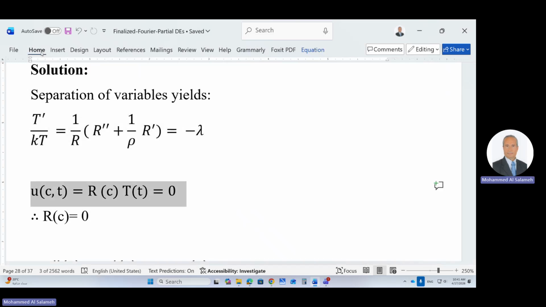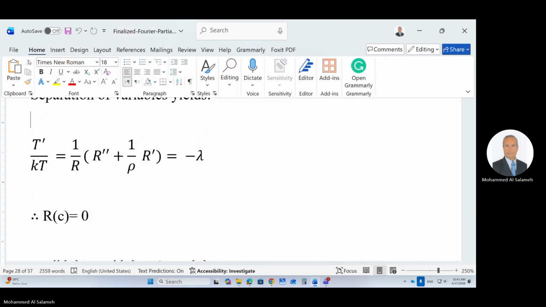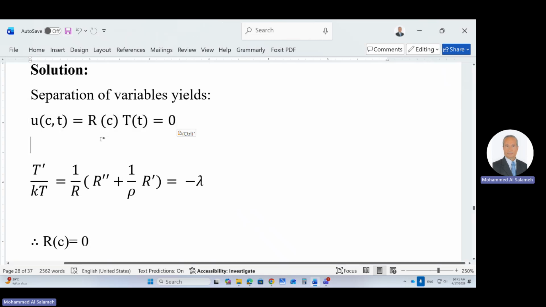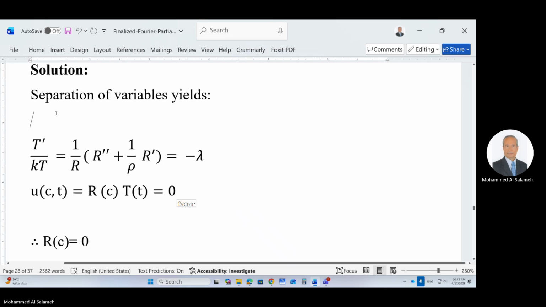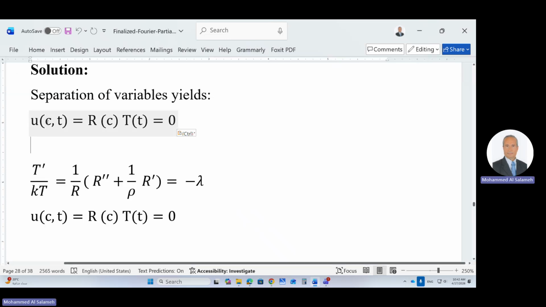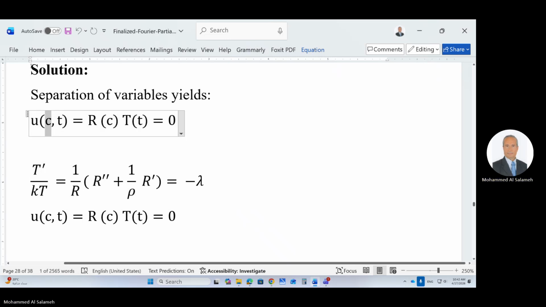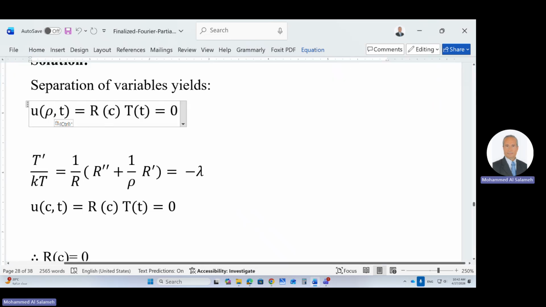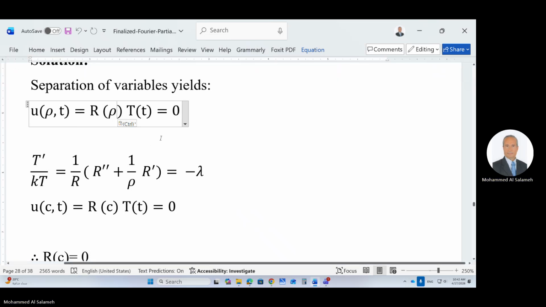This should be the first step here, to assume that U as a function of rho and t is equal to R, an unknown function of rho, times T, an unknown function of t.